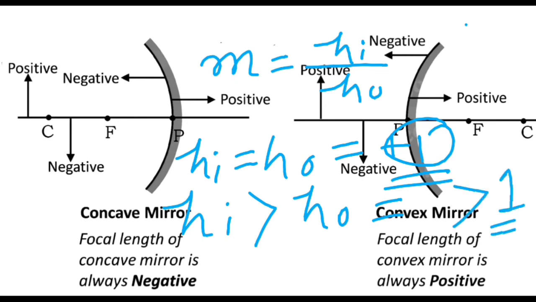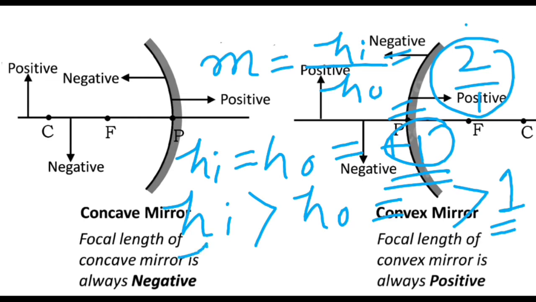Because here the numerator is bigger than the denominator, like 2 by 1. Here 2 is greater than 1, that's why the magnification is also greater than 1. That means the image is enlarged when it is greater than 1.